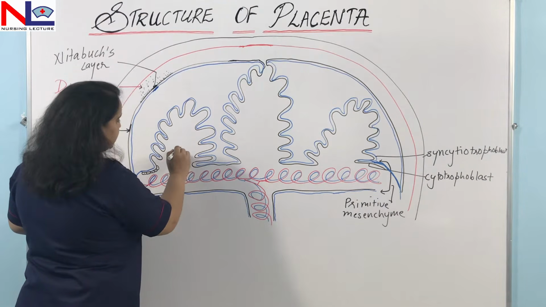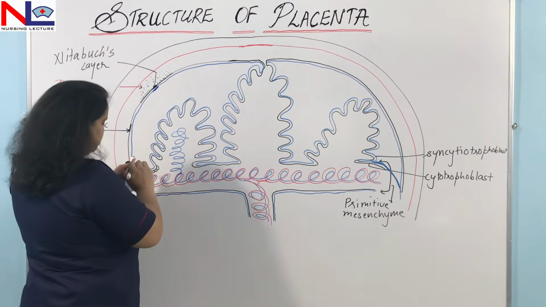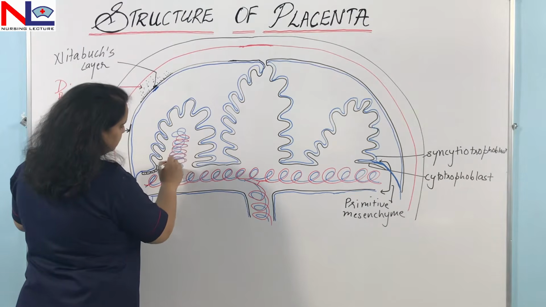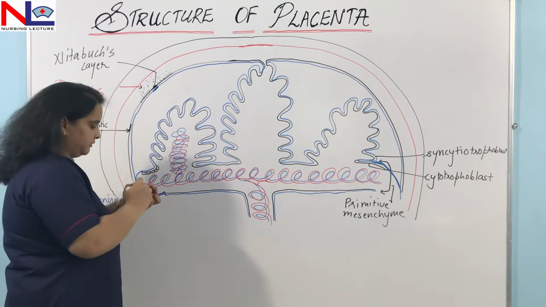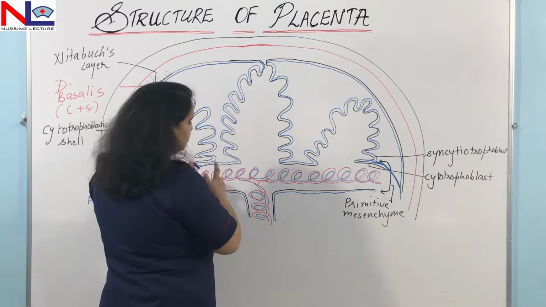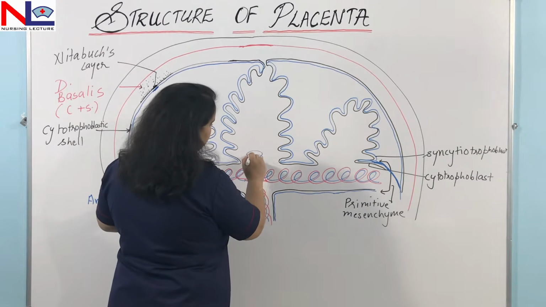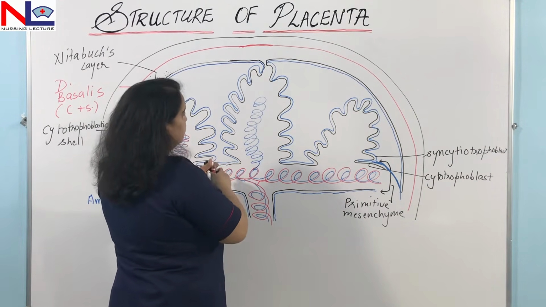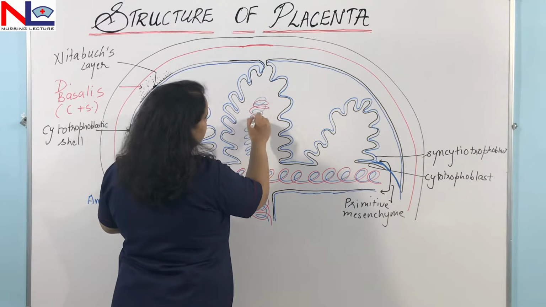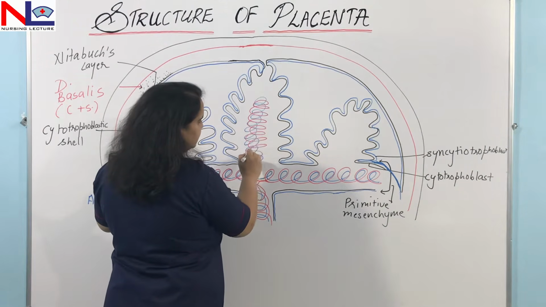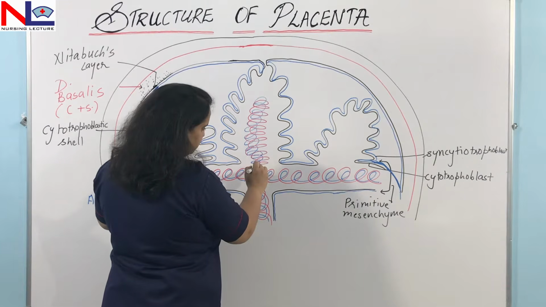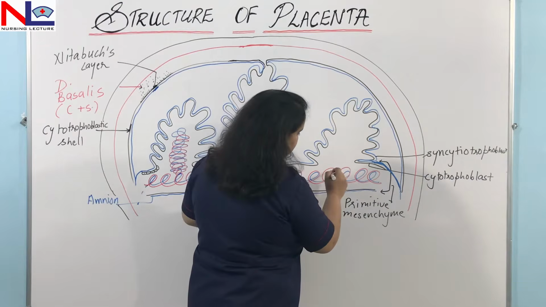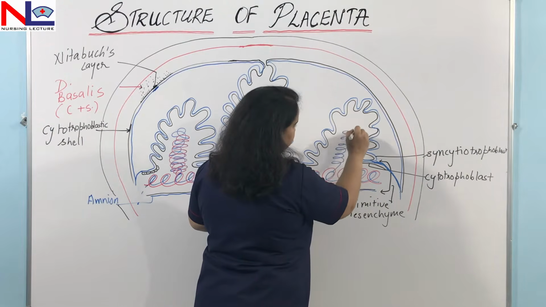The villus capillary network starts here, which is very important because these are the structures which help in exchange of nutrients and waste between the mother as well as the fetus. So here it is the villus capillary network.